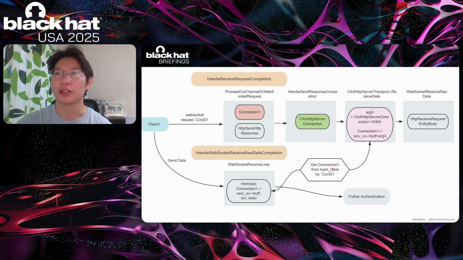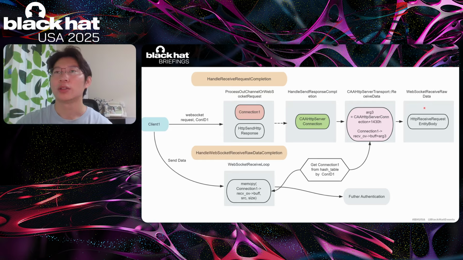Inside the receive data function, it retrieves connection 1 from the hash table by using connection ID conID1 and assigns argument 3 to the buff field of a member in the structure.